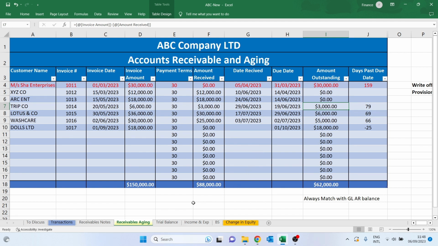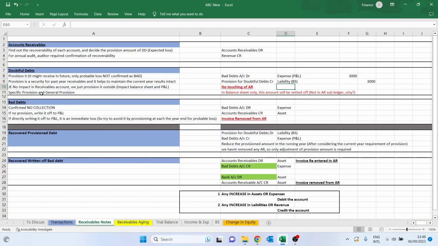In that case, the management will decide, let us say, 2% of the total accounts receivable is doubtful, or 3%. Whatever percentage the management decides, we make a provision for that. That is called a general provision. There is no specific amount in a general provision. We just take a percentage of the accounts receivable and pass the same entry with that amount. That is the difference between specific and general provisions.